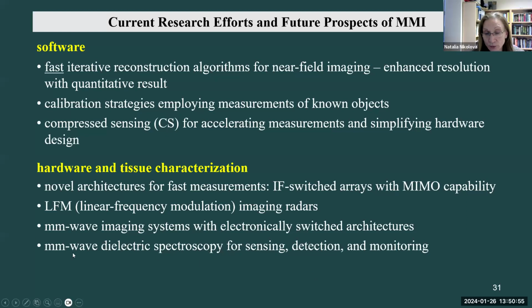And I don't work in this area. However, I think that a lot of biomedical sensors that are very useful may come out of this millimeter wave dielectric spectroscopy trend in the current research.